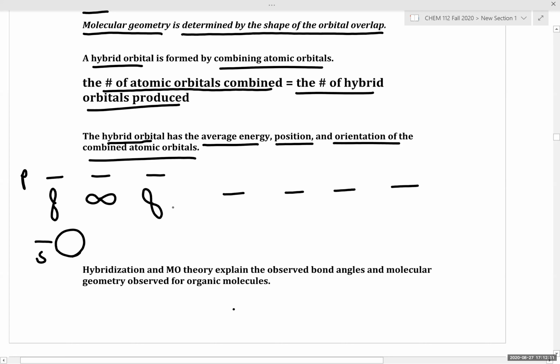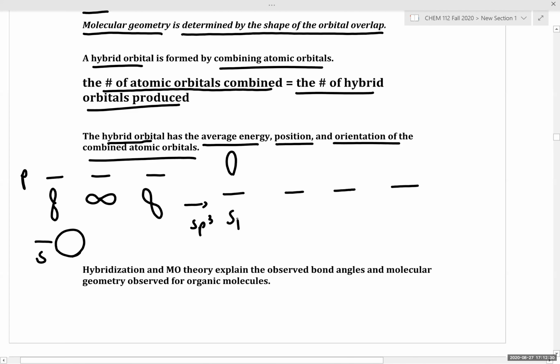We put 4 orbitals in, so we get 4 hybrid orbitals out. And the average position and orientation of these hybrid orbitals is an average of the position and orientation of each of our p orbitals.